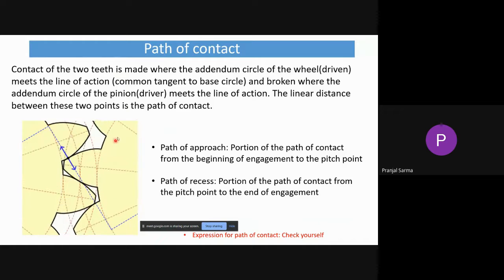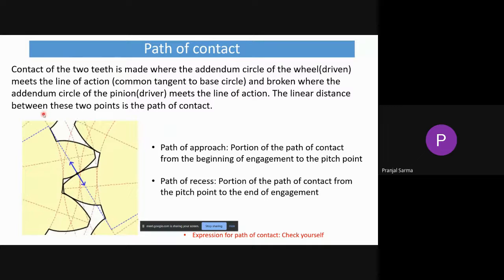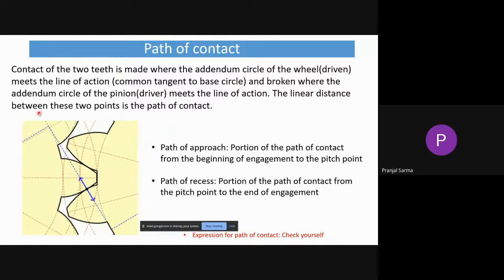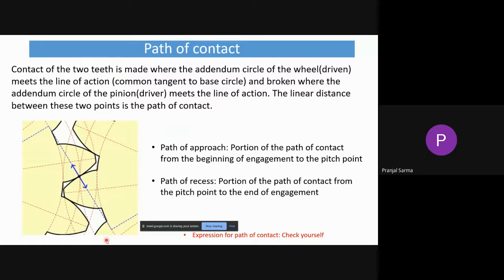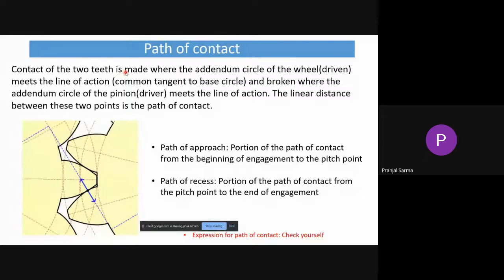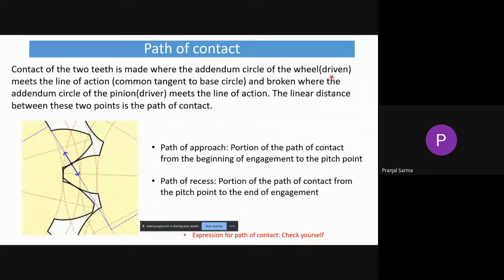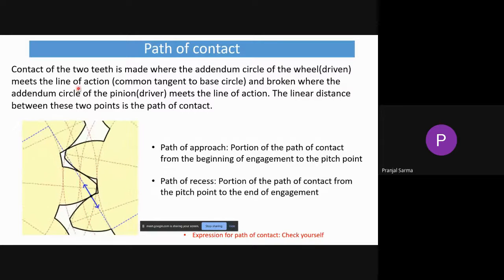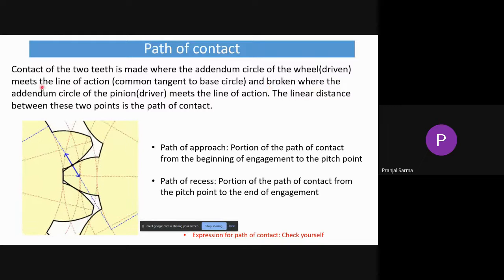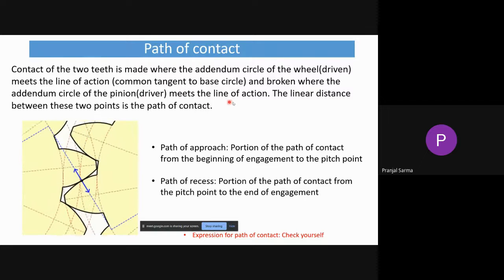This is the base circle for this gear, and this is the base circle for the other gear, and the tangent to both base circles, this blue direction, is the common tangent direction. So contact of the two meshing gears is made where the addendum circle of the wheel meets the line of action, and it is broken where the addendum circle of the pinion, that is the other meshing gear, meets the line of action.